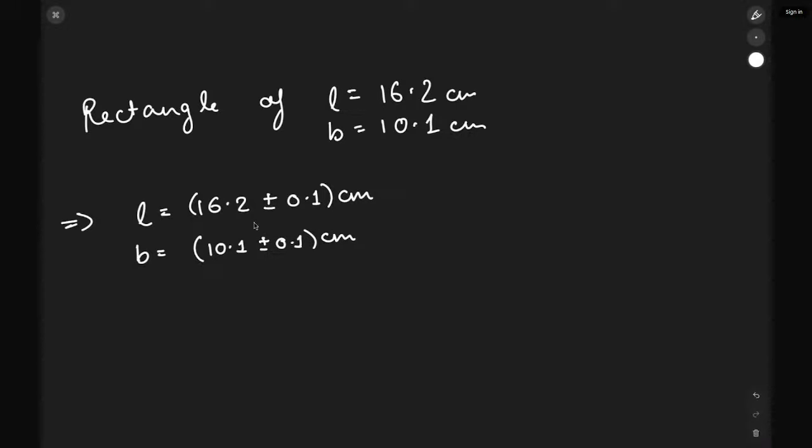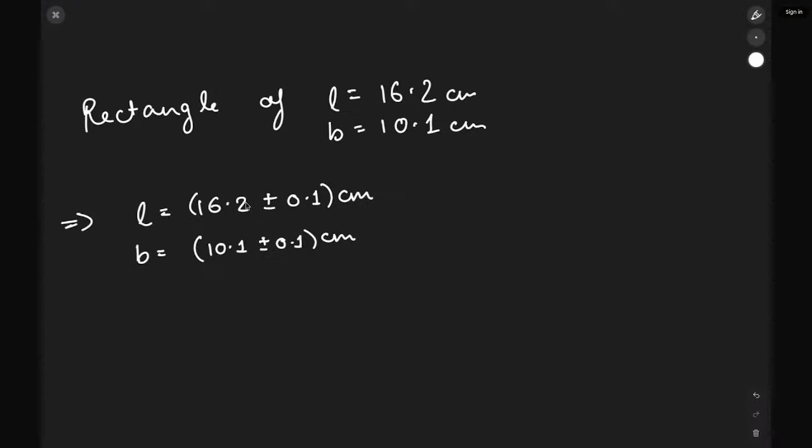And now you have to convert this into percentage format also.